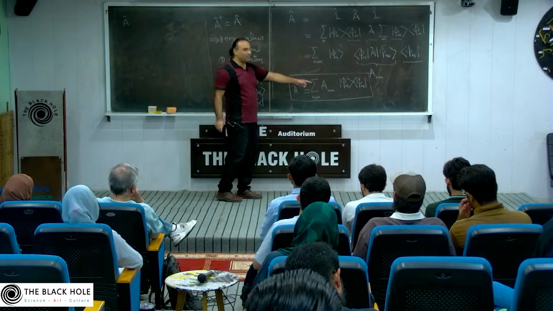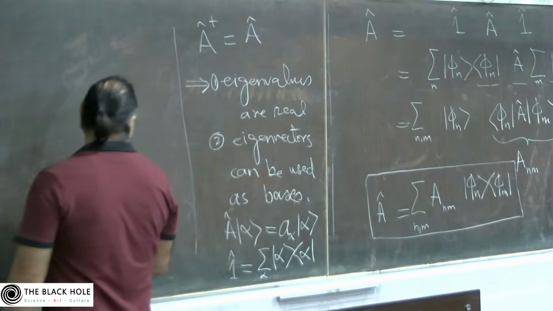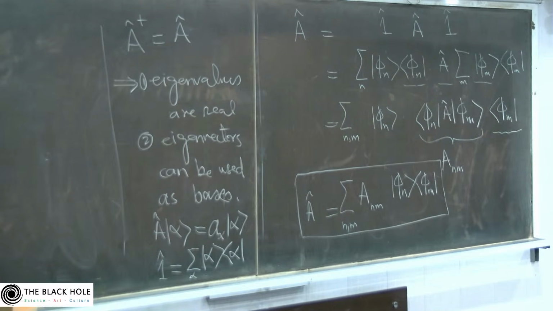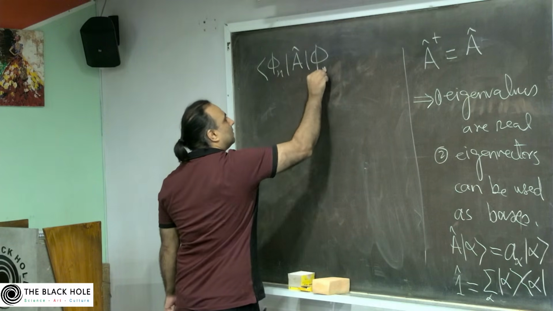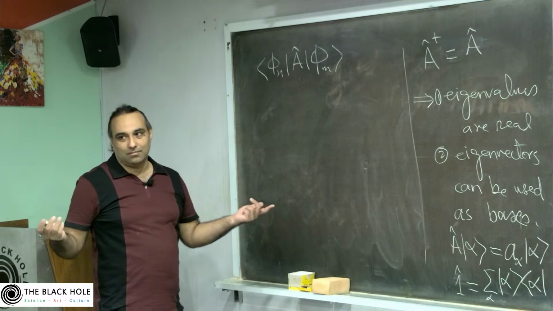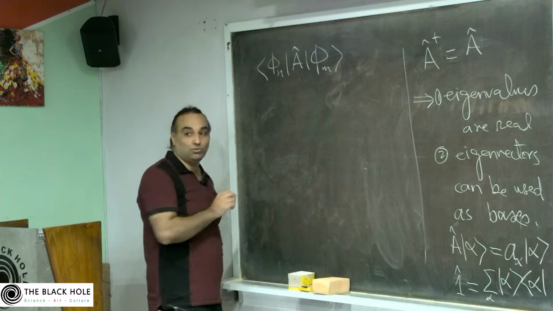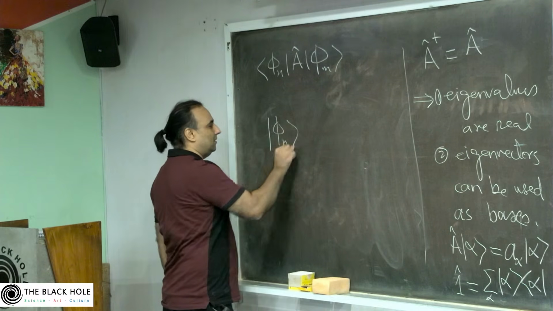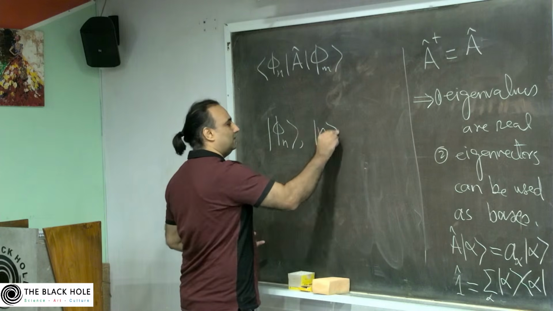We can start from here maybe. We can simply compute this one. Yeah, that's easier. So instead of phi n and phi m, let's call them alpha and beta. These are just labels. Sometimes we write a state like this, sometimes like this.